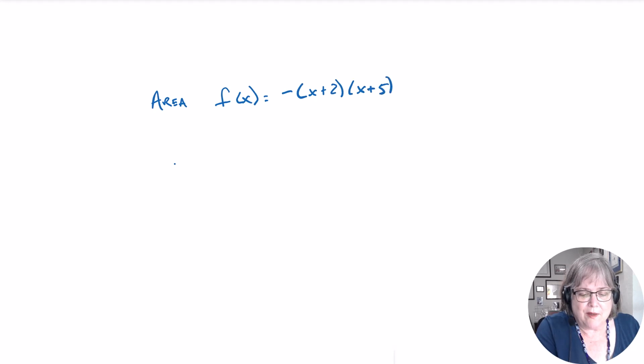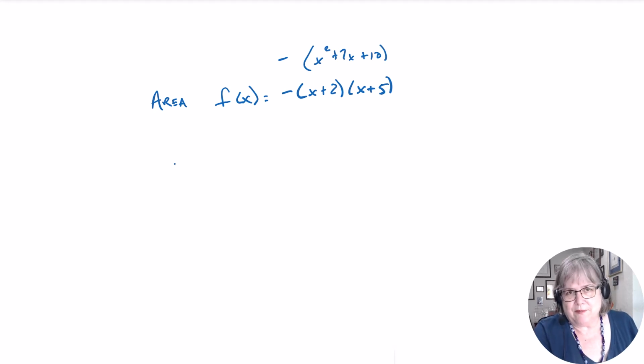Typically, they would not already have it factored out. It might have shown up as the negative of x squared plus 7x plus 10, and you would have had to factor it. But for the purposes of what we're doing, I've factored it out for you. But find the area between this function and the x-axis.